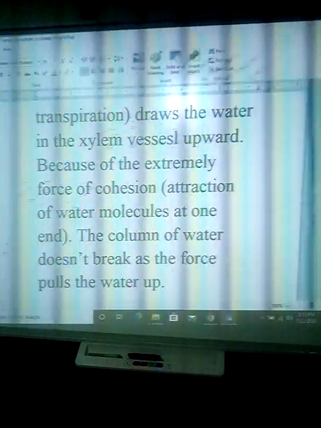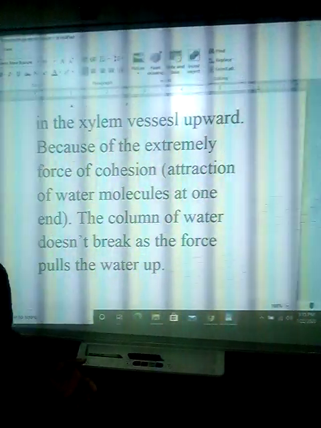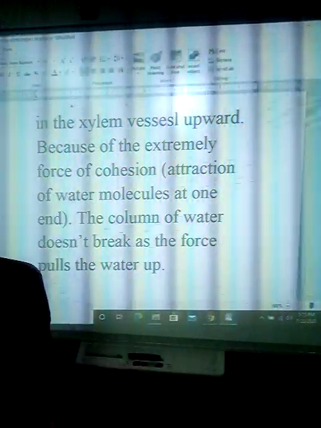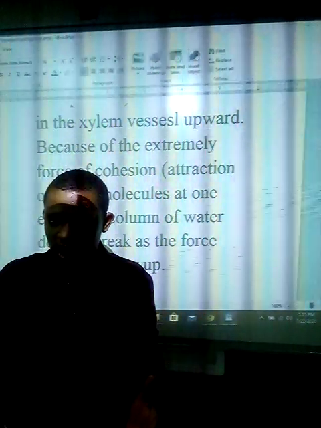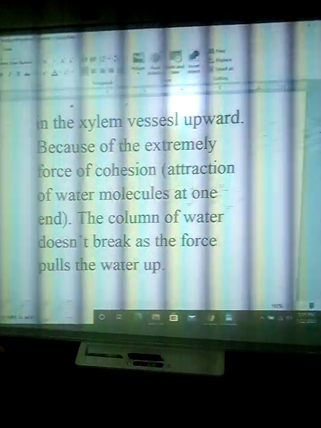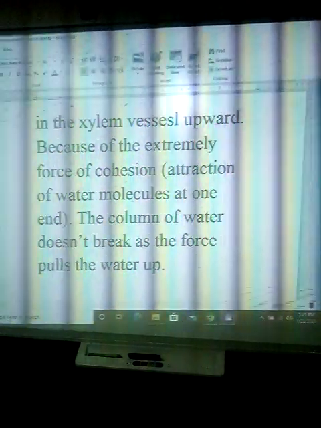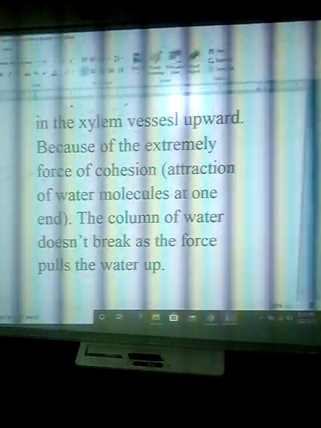I've told you that the word cohesion has to do with the force of attraction between substances of similar molecules. But adhesion is those of dissimilar. So the column of water does not break as the force pulls the water up.